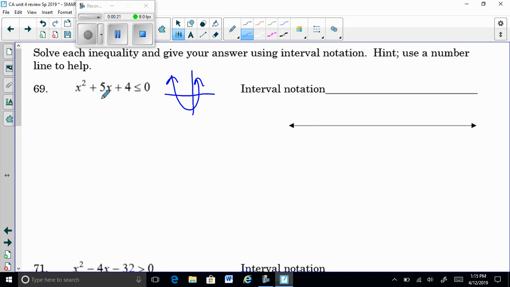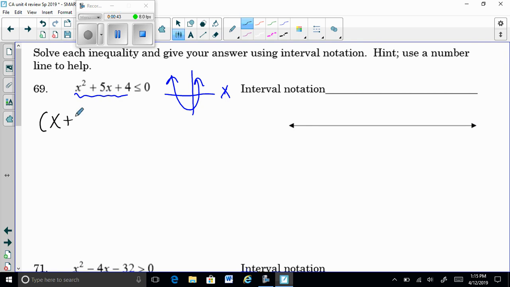And the question is, when I plug in x, when are my values less than or equal to 0? That's basically asking when my y values are negative or equal to 0. So we're going to go ahead and factor this.